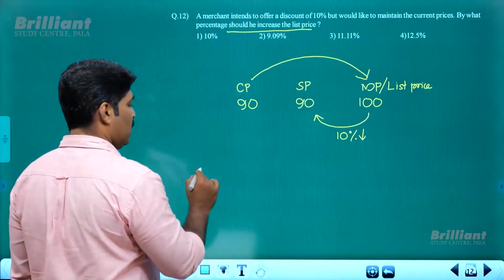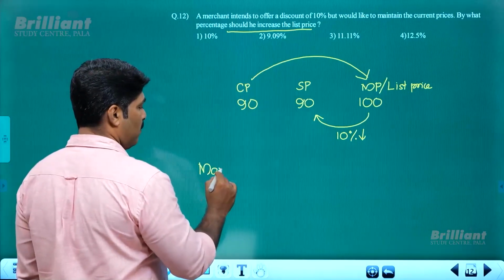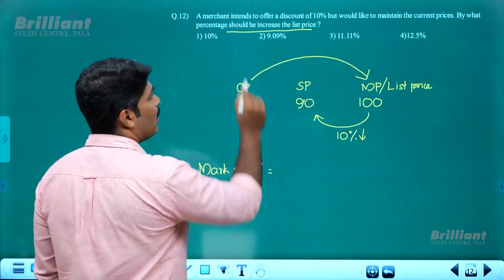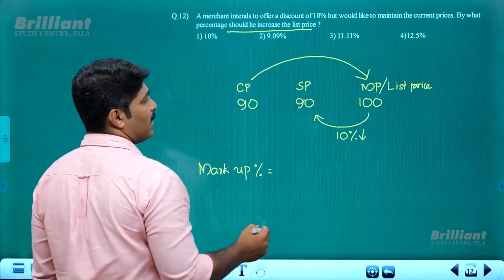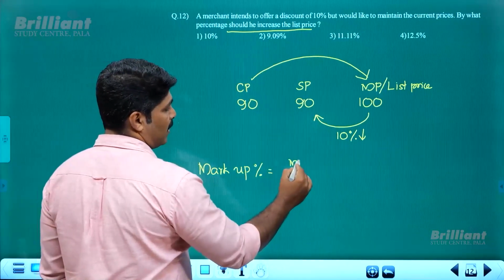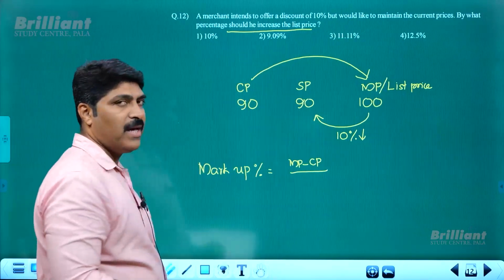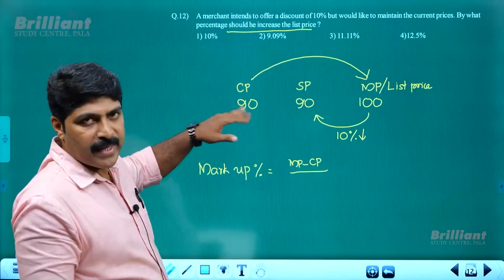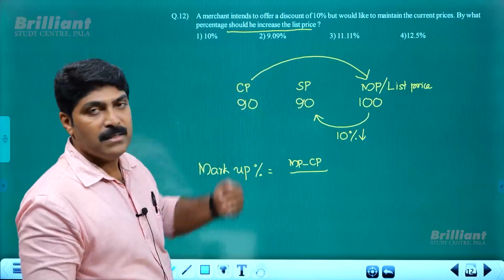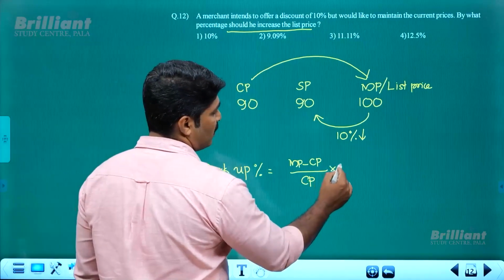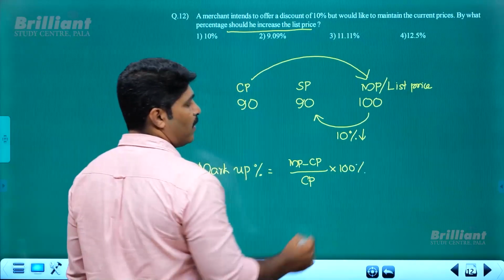Markup percentage. That is simple. What is the difference between marked price and cost price? That is marked price minus cost price. From cost price, what is the increment here? So therefore, we have to keep the denominator as cost price into 100. So this will be the answer.